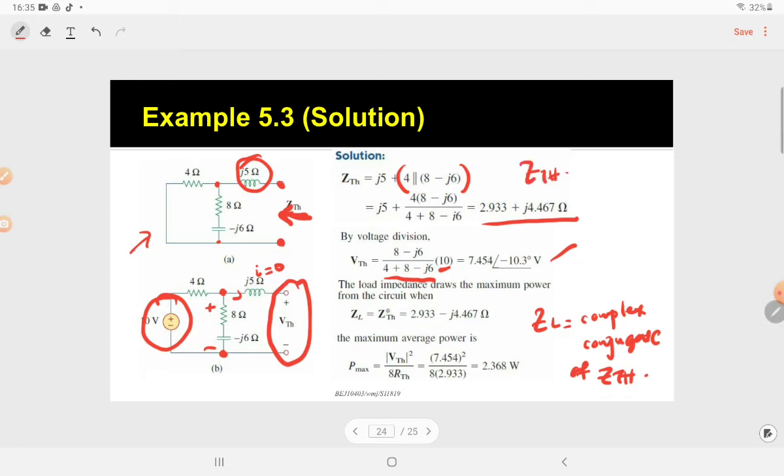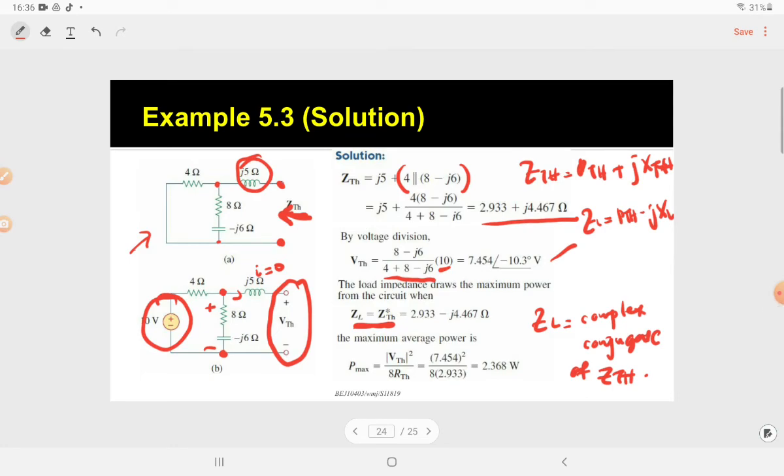ZTH is RTH plus JXTH. So ZL will always be RTH minus JXTH. Alright, so from here ZL is always equal to the complex conjugate of the ZTH.